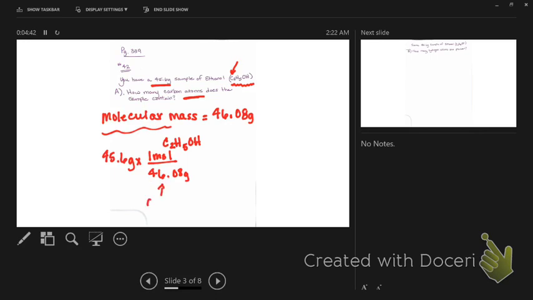This is the formula mass, remember? Then we change this: 1 mole of C2H5OH has 6.02 times 10 to the 23rd molecules.